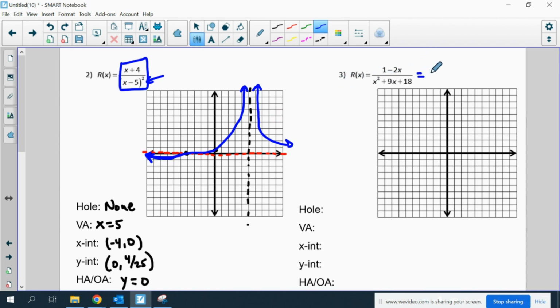Problem 3, I'm going to factor. So if I factor the bottom, I get x plus 6 and x plus 3. There is no hole. Vertical asymptotes, there's 2 of them, at x equals -6 and x equals -3.